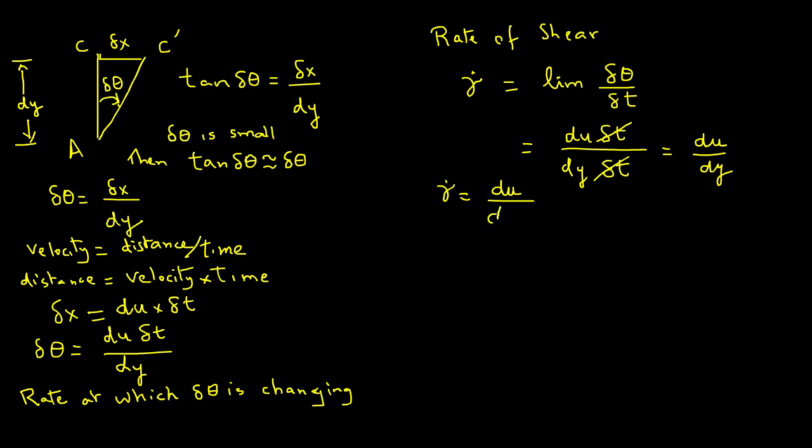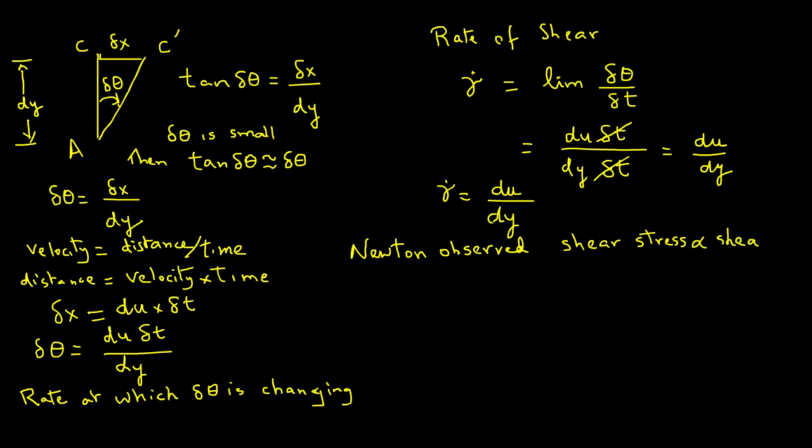And Newton observed that when you increase the shearing stress by increasing, of course, the force, remember, stress is force per unit area, then the rate of shear, this gamma dot, will also increase in direct proportion.